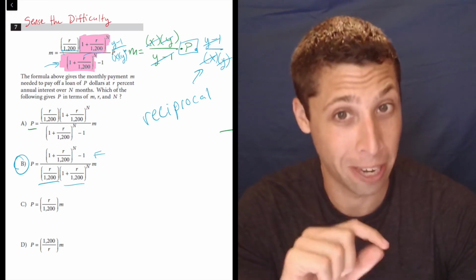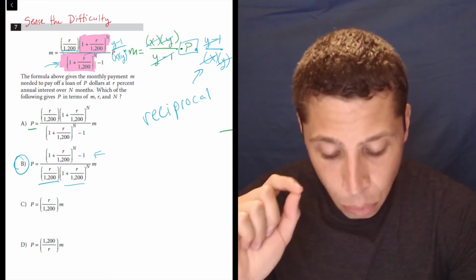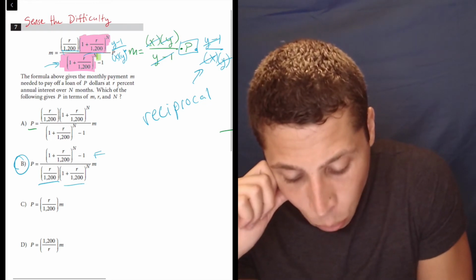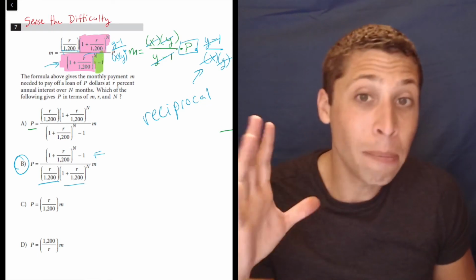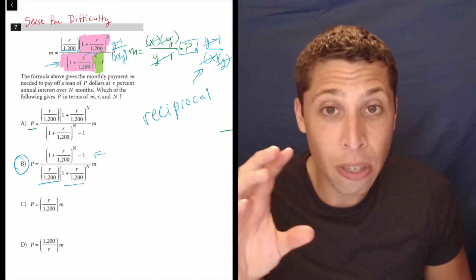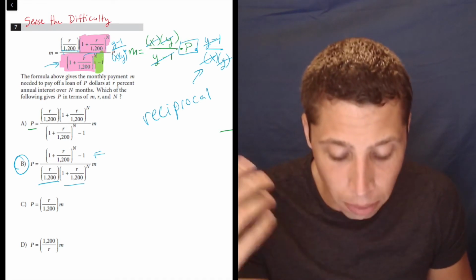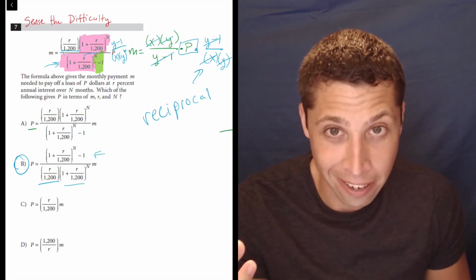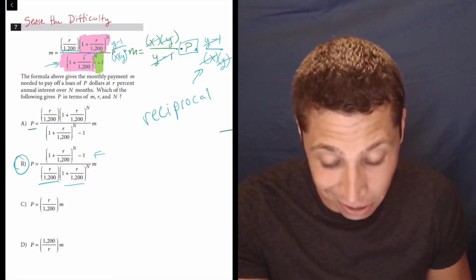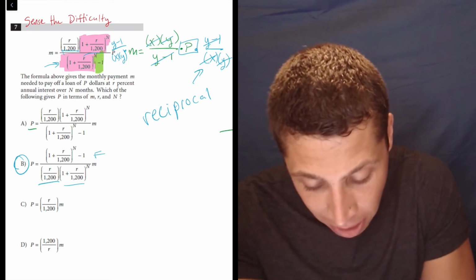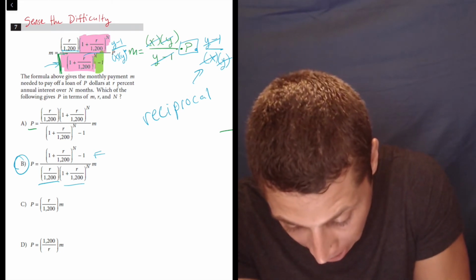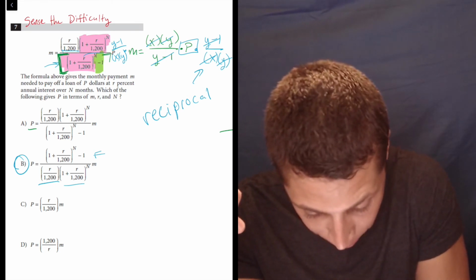Part of them is the same. But as soon as we stick this minus 1 here, the game changes. The bottom is no longer 1 plus r over 1200 to the n. It's 1 plus r over 1200 to the n minus 1. It's kind of like we just took all that and put a big old set of parentheses around it.